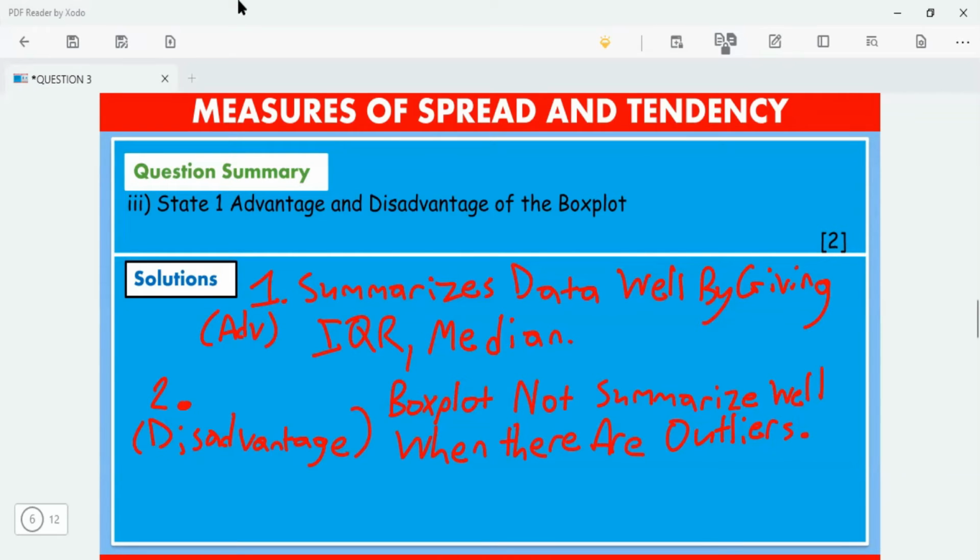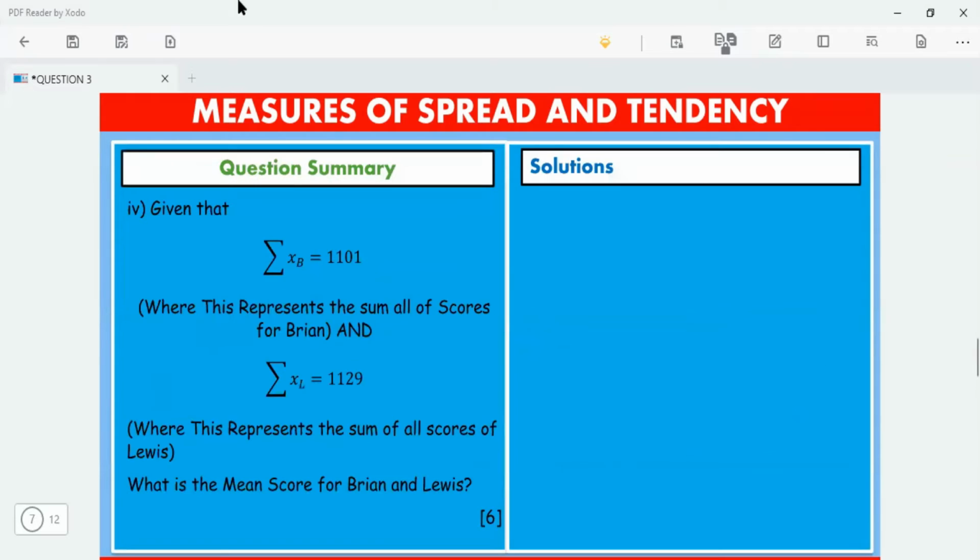All right, nice. Now, the next part says, given that the sum of XB, where this represents the sum of all the scores for Brian, the sum of all Brian's scores is 1,101. And it says that the sum of XL is 1,129, where this is the sum of all the scores for Lewis.